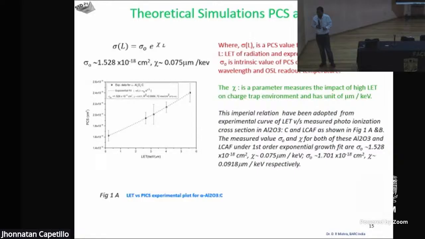Because if the cross section is high enough, saturation will come sooner, so we are not able to distinguish. So for high LET measurement, we need OSL phosphors which should have a low photoionization cross section, strong coupling with LET, and larger sensitivity. So these are the new fields we are looking for.